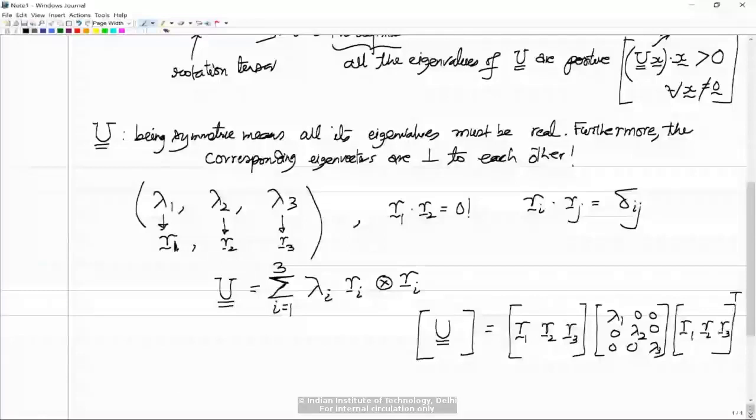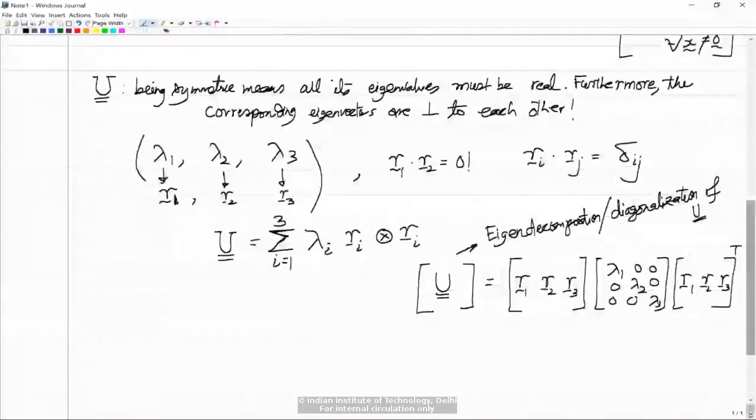So that's also called eigen decomposition. And I guess you must have learned this already. Eigen decomposition, or diagonalization, of U.